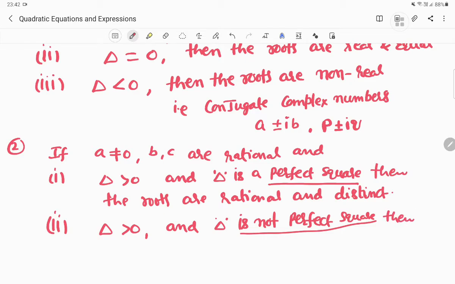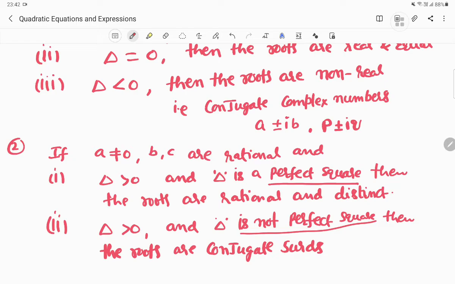Then the roots are conjugate surds. Roots are not rational, conjugate surds. Surds mean forms like a plus root b, a minus root b.